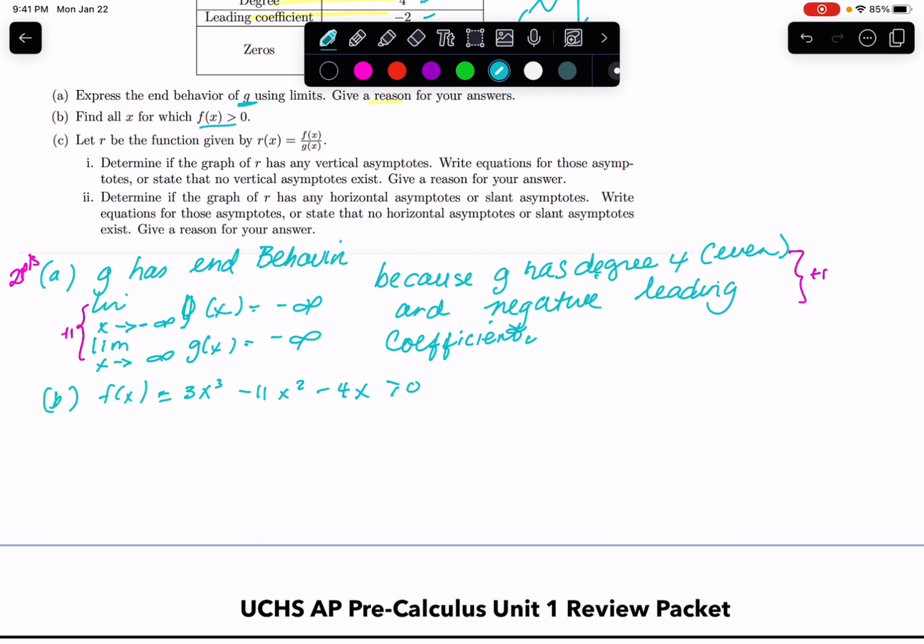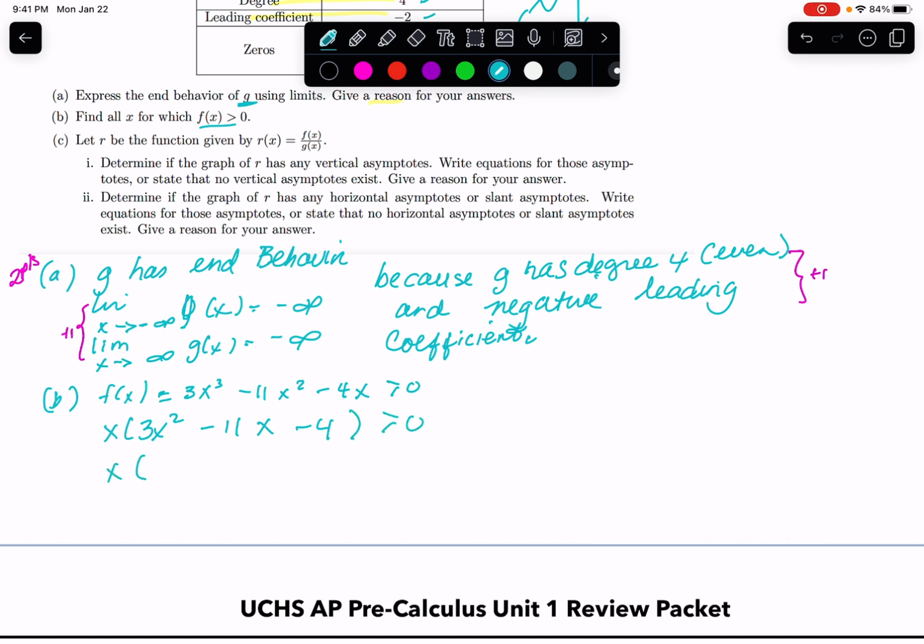So we have to factor it first, so we can factor out an x, and we get x times 3x squared minus 11x minus 4, and that's greater than 0.